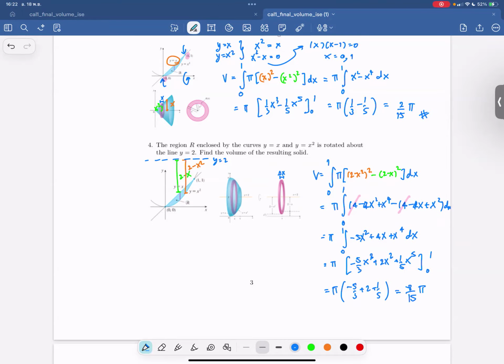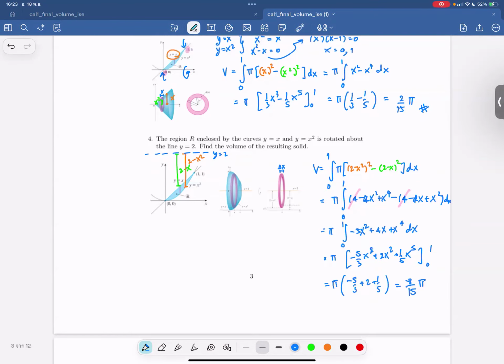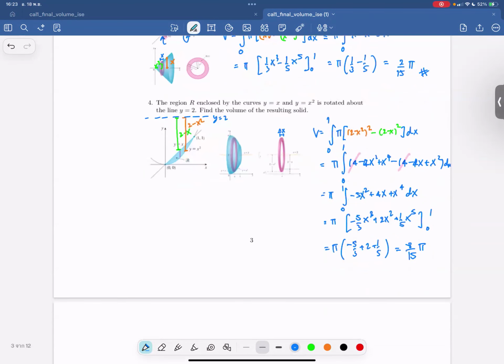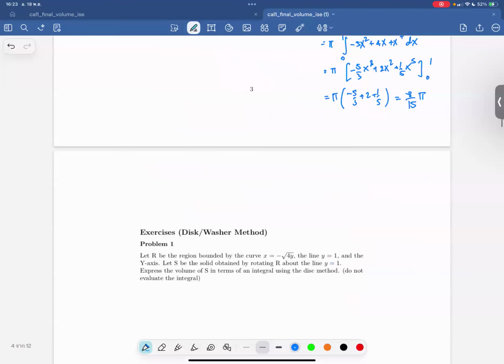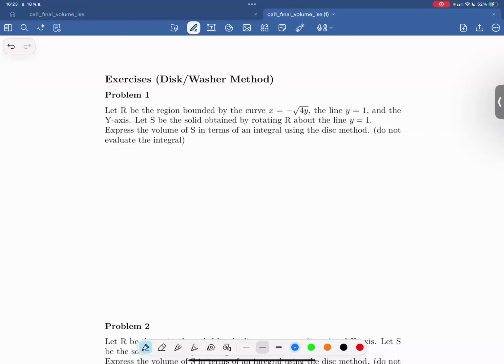Okay. So next, we move to the exercise. When you do your exam, you may not have the graph, the example I show you, so you have to sketch the function by yourself.